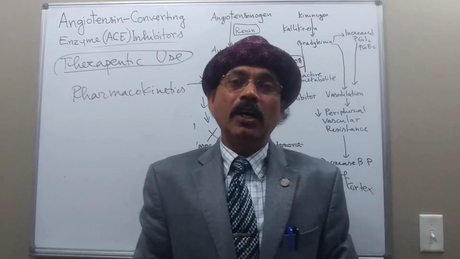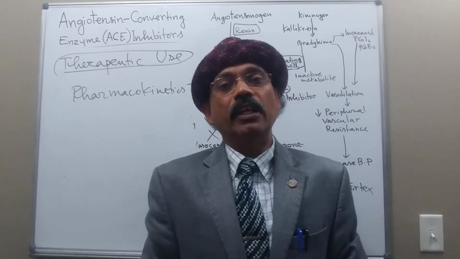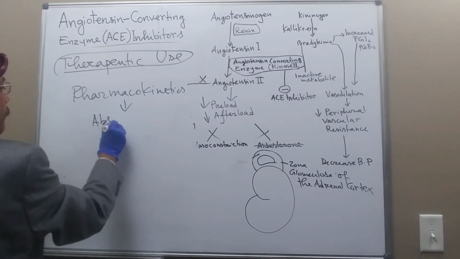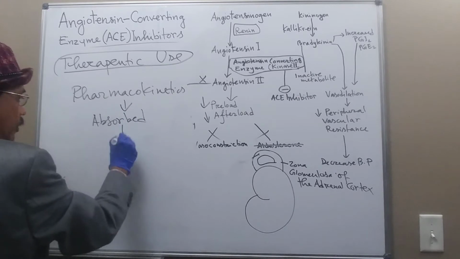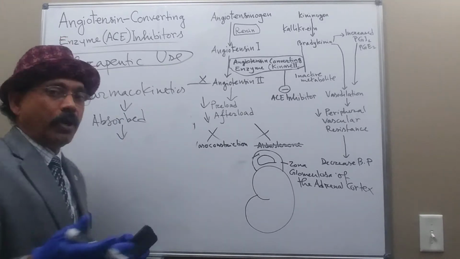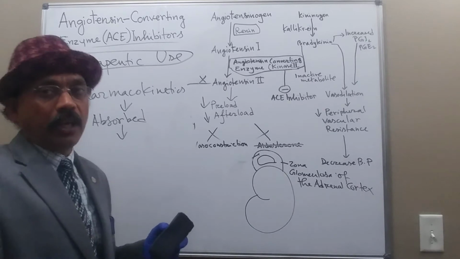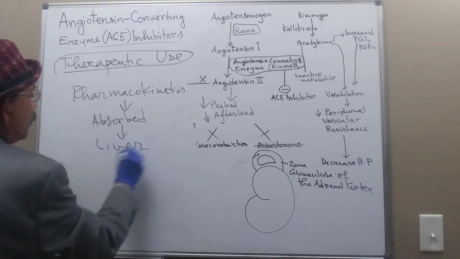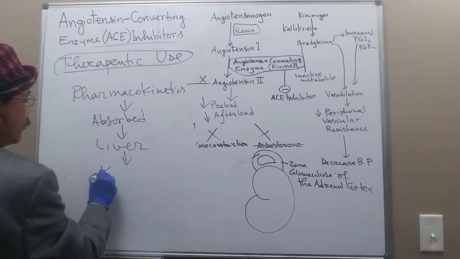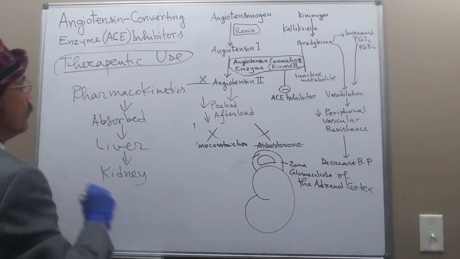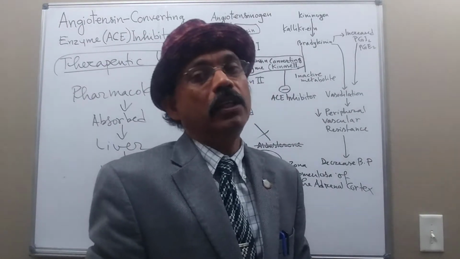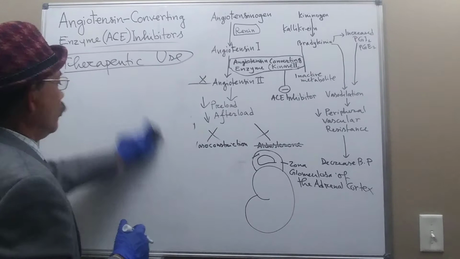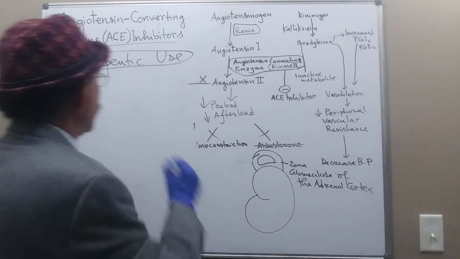It is metabolized in the liver and excreted in the urine. So it is absorbed through the stomach or upper part of the small intestine like the duodenum or jejunum. Then it goes to the liver, where it is metabolized, then it is excreted through the kidney. So that is the pharmacokinetics. It should be taken on an empty stomach.